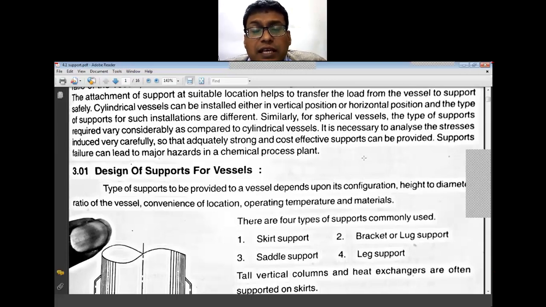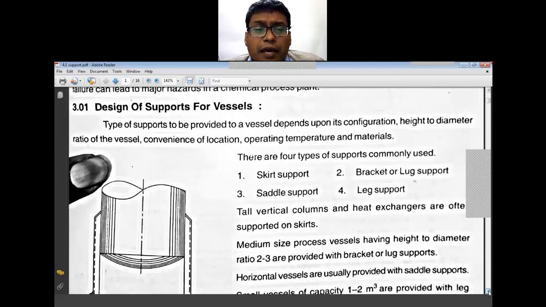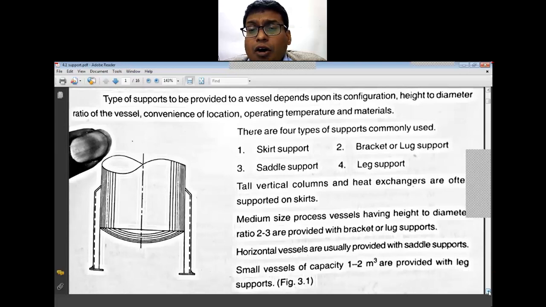Out of these, the leg support is considered to be the basic and primary one, and it can be used as simple welding of legs, pipes, or angles to the basic vessel.